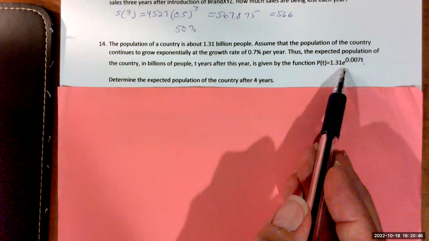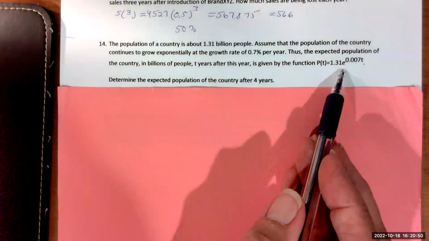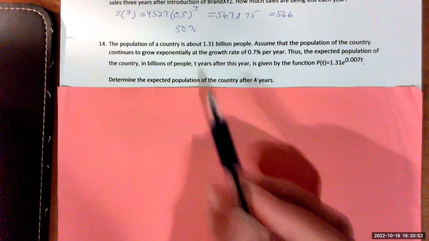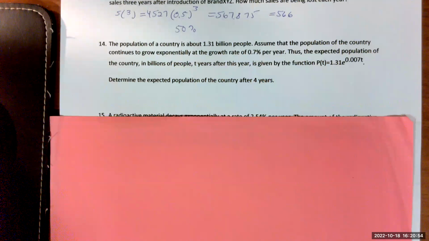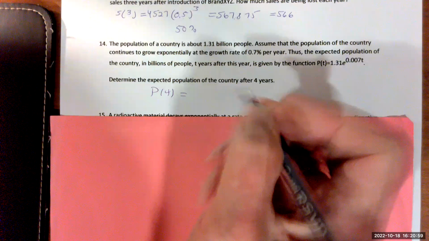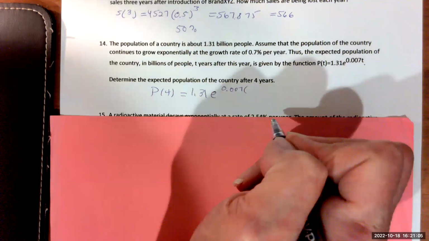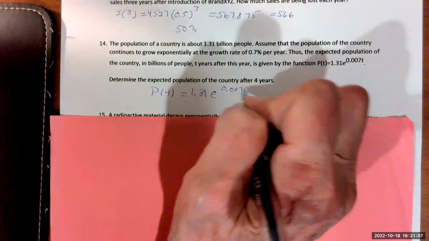And notice the base here, it is a number, but it's a special base called base e. We want to find the expected population in the country after 4 years. So we want to find P of 4, which is going to be equal to 1.31 e, and we're going to raise that to 0.007 times the time, and our time was 4 years.